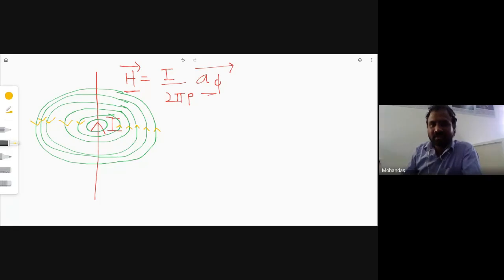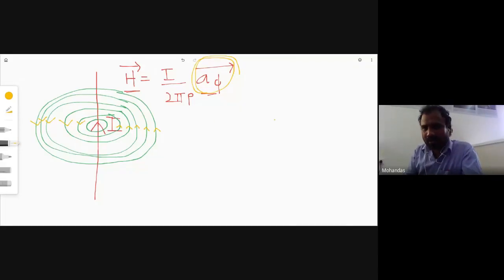The direction is also in the direction of a_phi. That is what the statement I studied earlier in diploma or in first year says. It gives a mathematical proof, right? So it is in the direction of a_phi. a_phi means it is in the circular loop direction. This is in the case of a straight conductor.